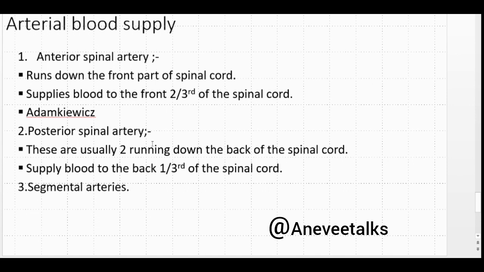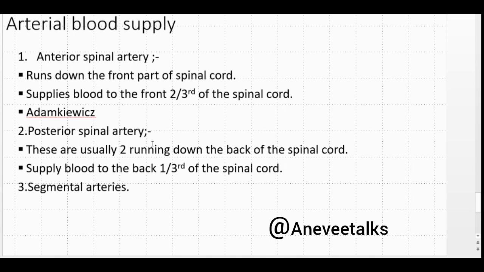They make small branches called segmental arteries, and we have radicular arteries also. No need to remember all of that, just remember the blood supply of the spinal cord is by the anterior and posterior spinal arteries, the main arteries, with some small arteries like segmental and radicular arteries.